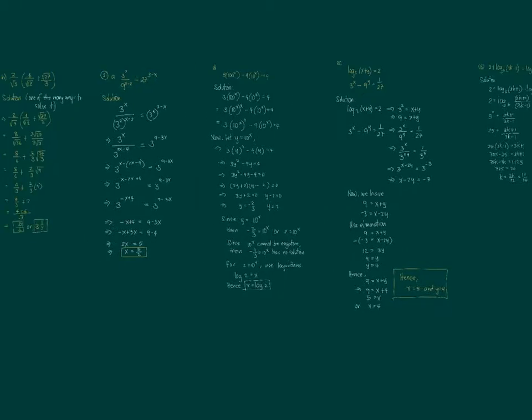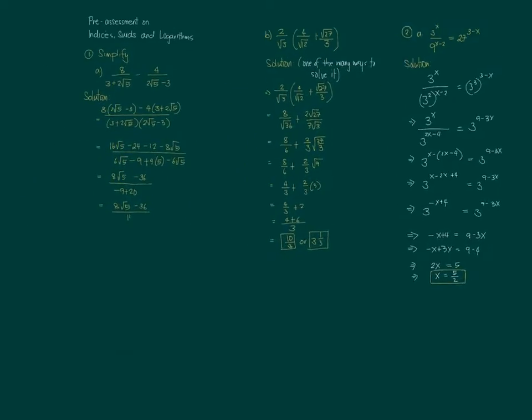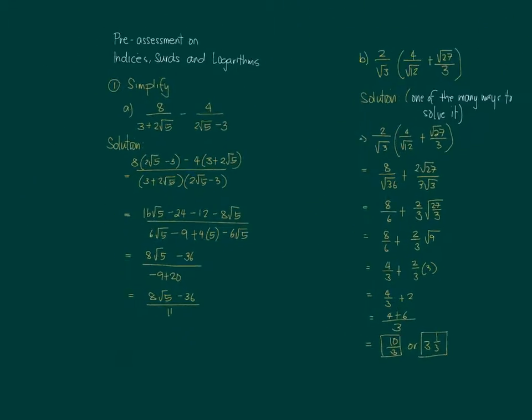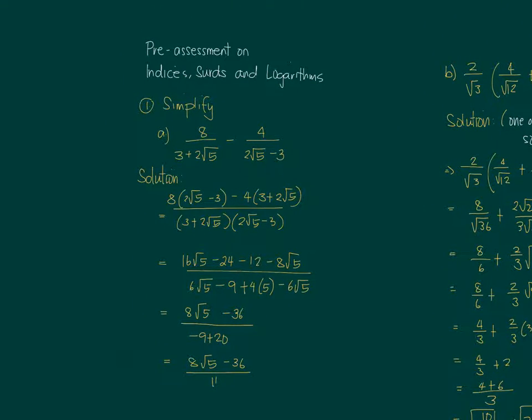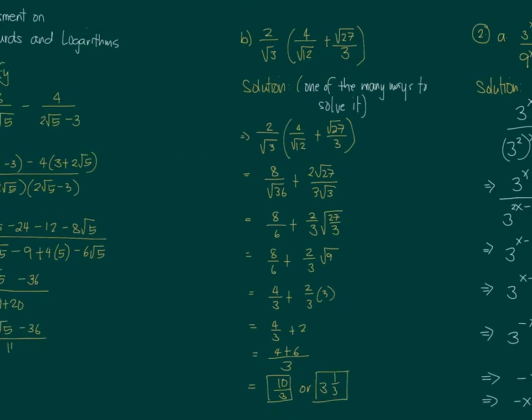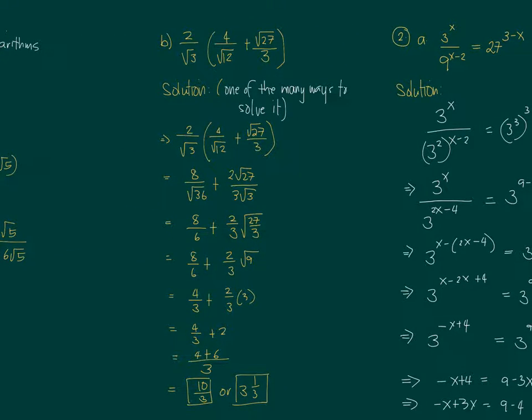Let me just show you each item again. So this is number 1. You can pause the video if you want to see the solution quickly. And this is the solution for 1b.